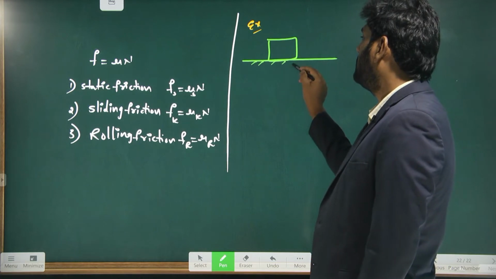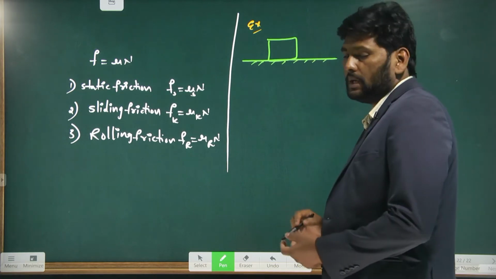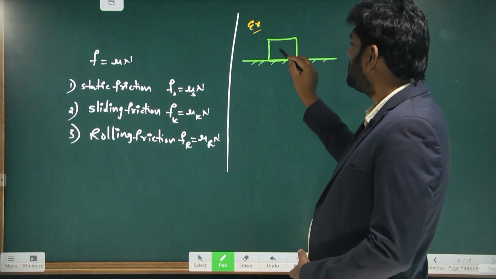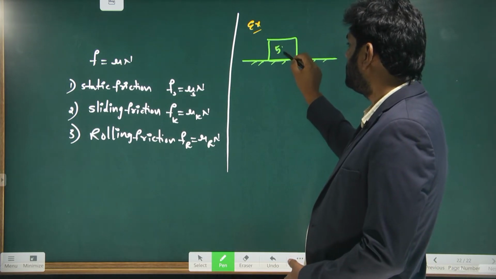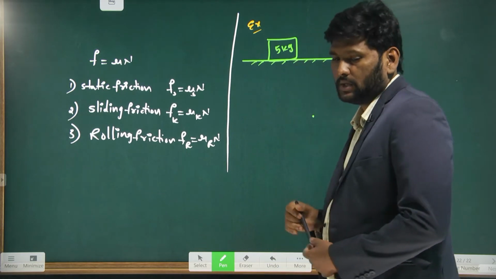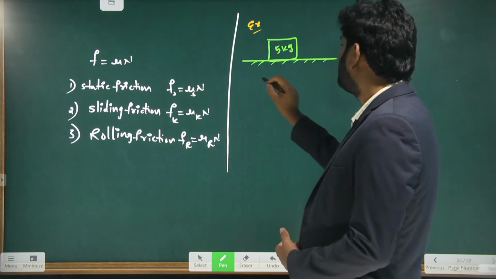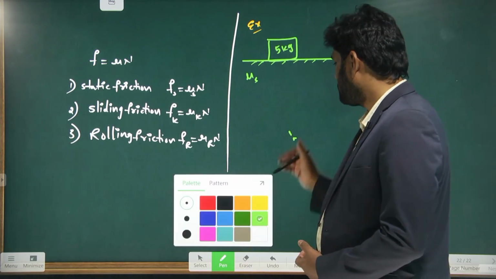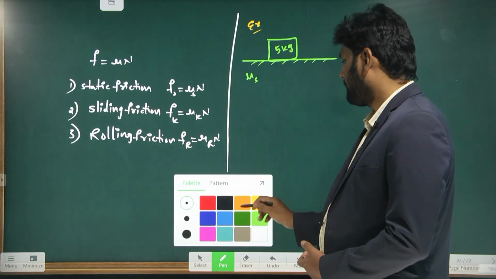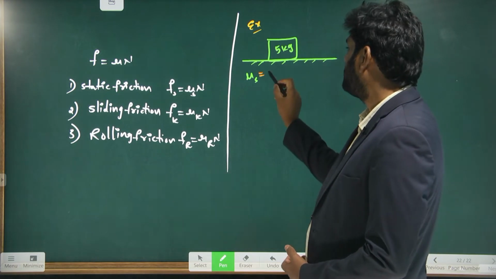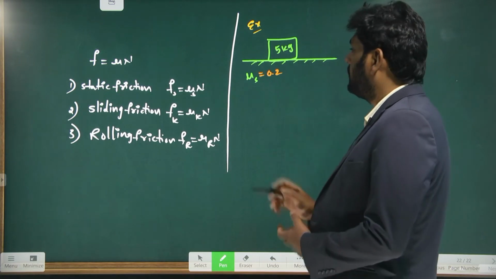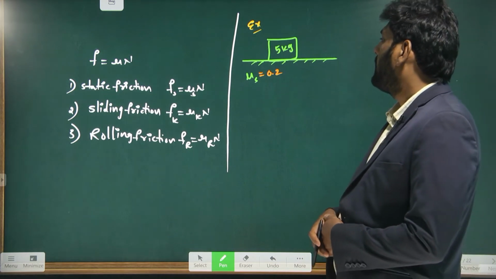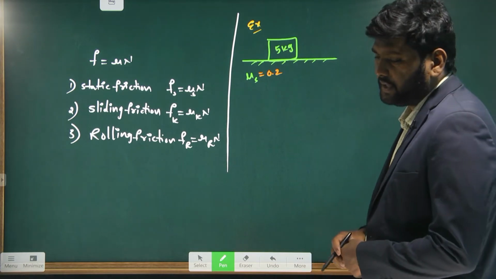The mass of the object is 5 kg, and the coefficient of static friction is 0.2.